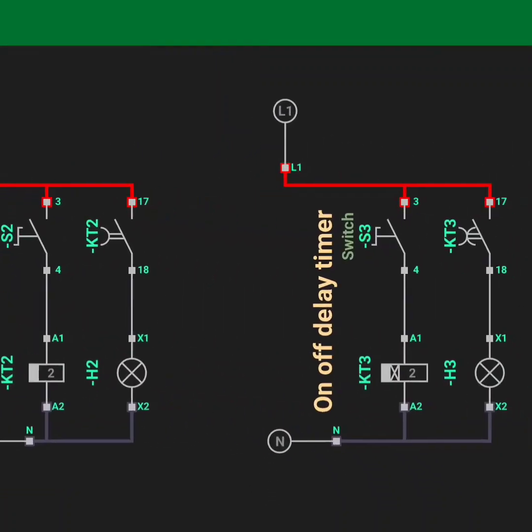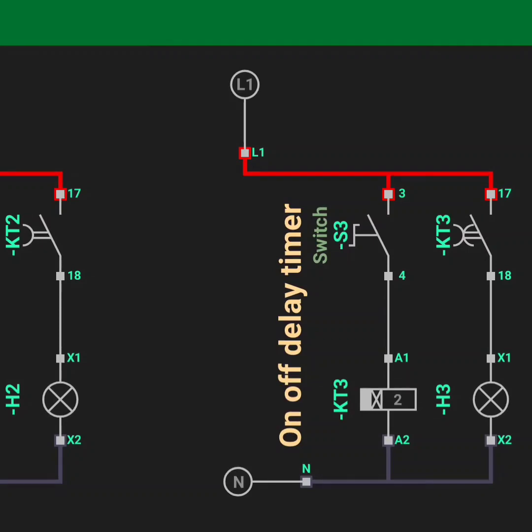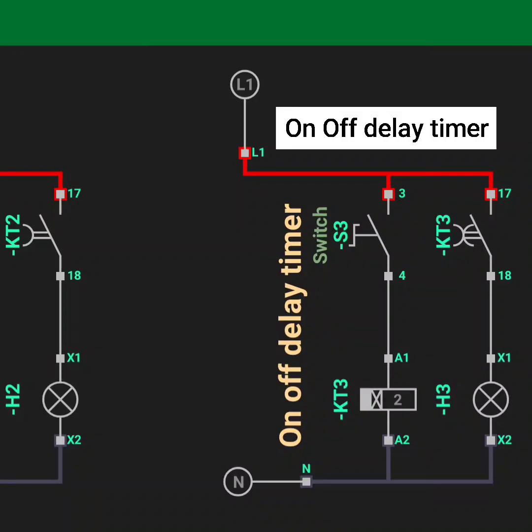Now you see the on off delay timer. This is a combo timer, dual time settings. One is on delay, another is off delay. I'll just enable the switch S3 and you see it minutely. Just observe the output lamp.